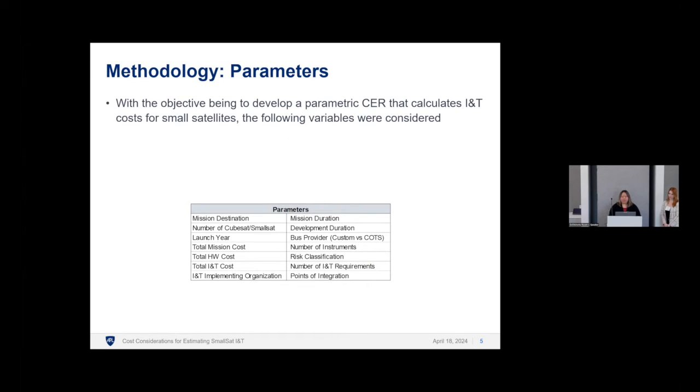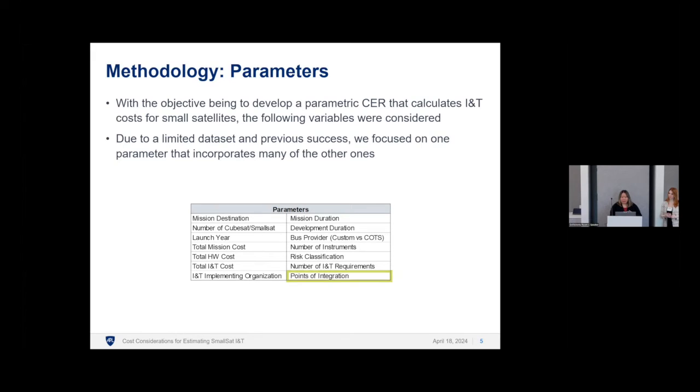So with the objective to develop a parametric CER that calculates INT costs, we considered the following variables. And because we had a limited data set, we focused on one parameter that incorporates many of the other parameters on this list as well. So what we decided to go with was the points of integration.